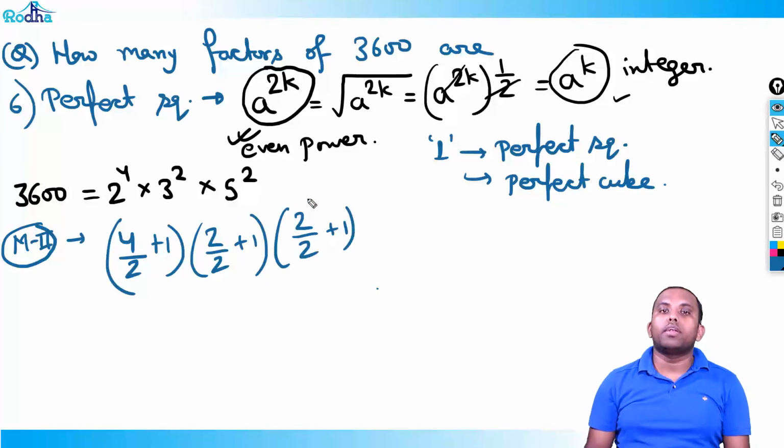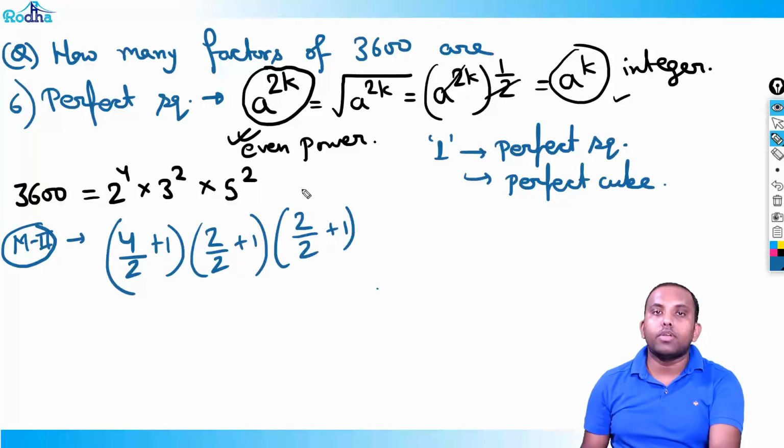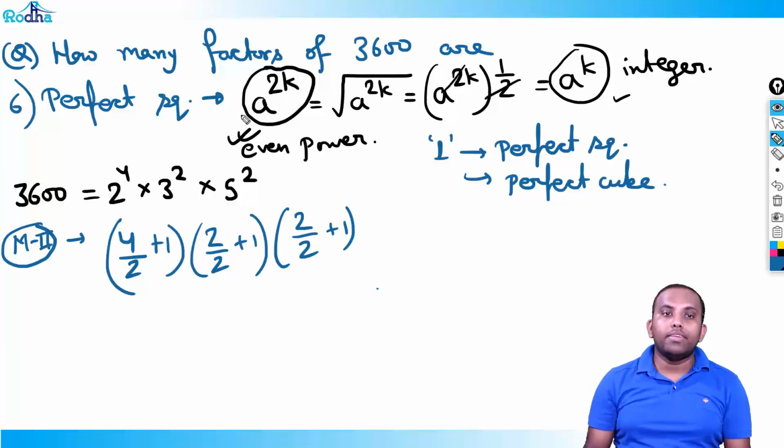Now, what is the logic behind it, right? What does it mean? While writing 4 by 2, that means from power 1 to 4, how many are multiples of 2?